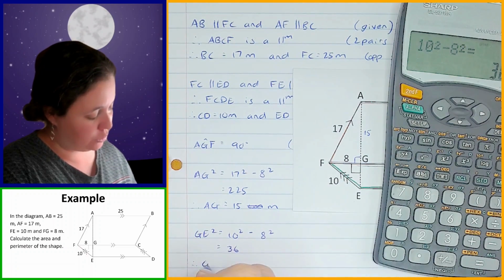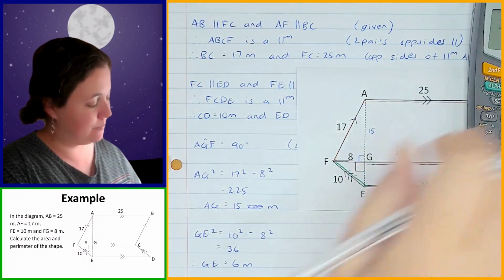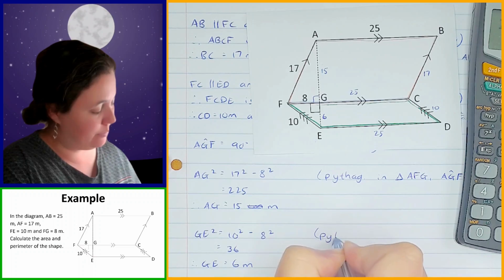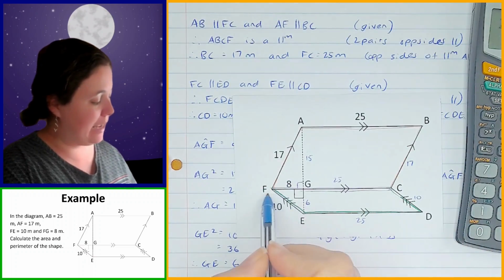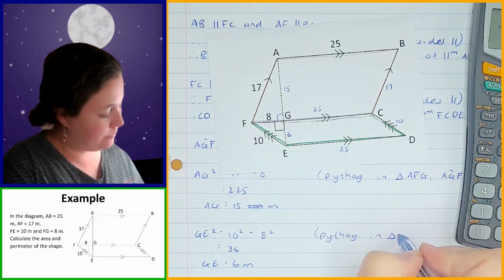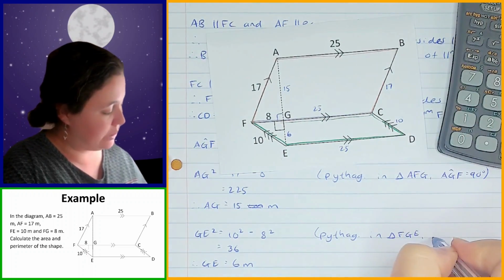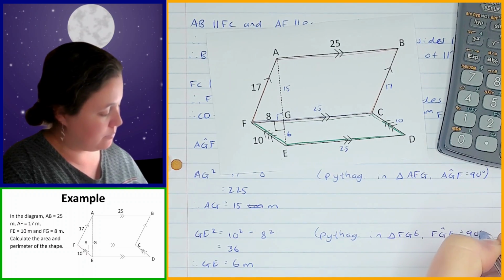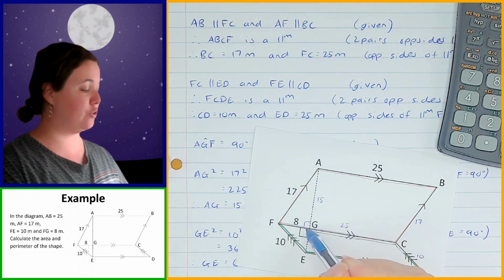So therefore GE is equal to 6 meters. And this I could do because of the Pythagorean theorem in triangle FGE with angle FGE equal to 90 degrees.